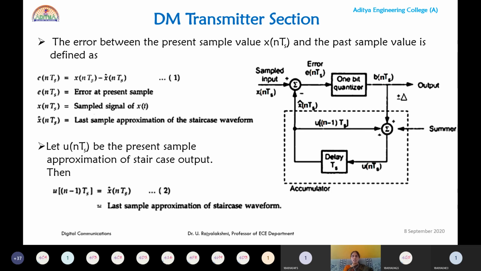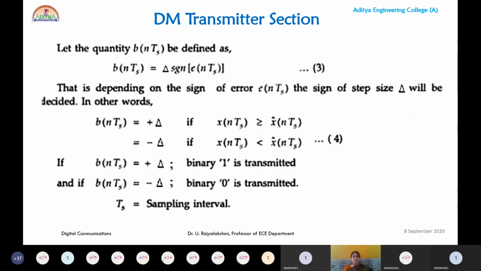From this you can say that u(nTs) is the output of the summer and the input to the accumulator section. So it equals u((n-1)Ts) plus b(nTs), where b(nTs) is equal to plus or minus delta. The same thing we discussed in the last class. What is b(nTs)? The output of the 1-bit quantizer. How can you write it as an expression?